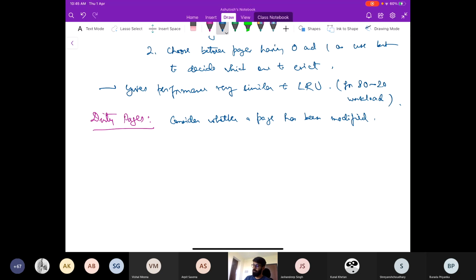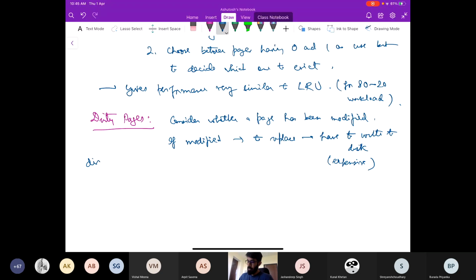Because if modified, then to replace it we have to write to disk because we need to save. So this is expensive. So why not choose another page?